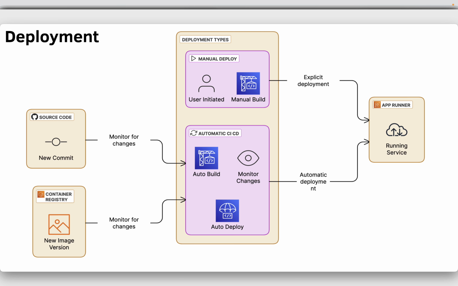You can configure an App Runner service to automatically build, in the case of source code, and deploy each version of your application as it appears in the repository. This can be a new commit in a source code repository or a new image version in a source image repository. And the second type is manual deployment, a deployment to your App Runner service that you explicitly start.